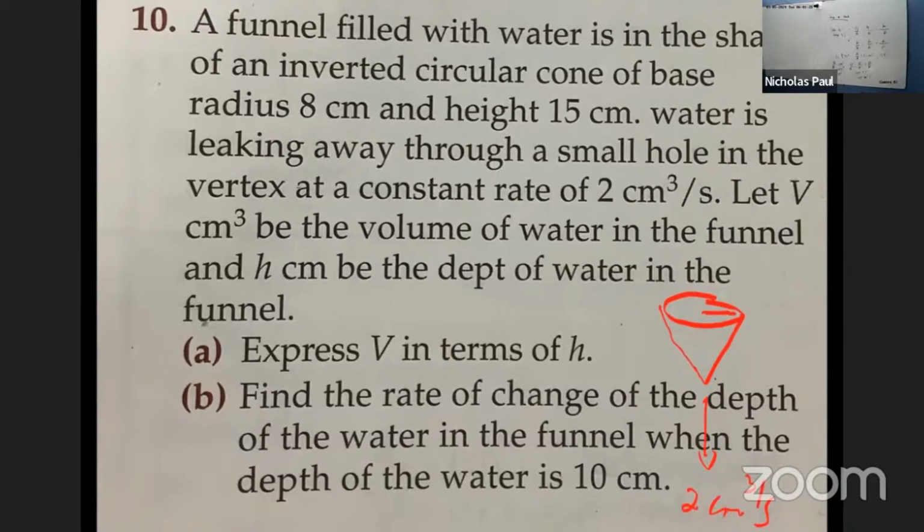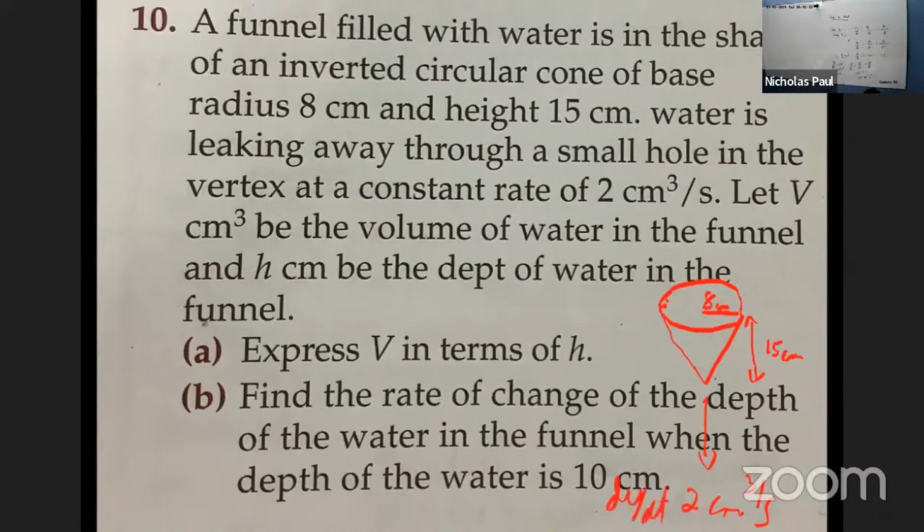I'm just going to fix this piece of the diagram. This is 8 centimeters. The entire height of the cone is 15 centimeters. And it was filled with water, and water is leaking out of that. So that 2 centimeters cubed per second is what? dV over dt, right?